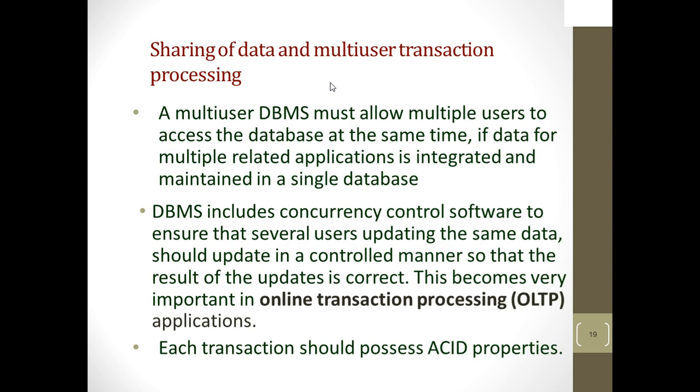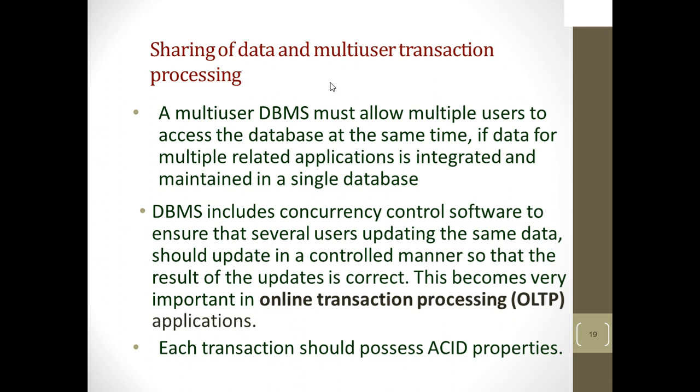And the last one is sharing of data and multi-user transaction processing. There are a lot of users of the DBMS, so they might access the database at the same time. And all multi-user DBMSs allow this. They also allow concurrency control.